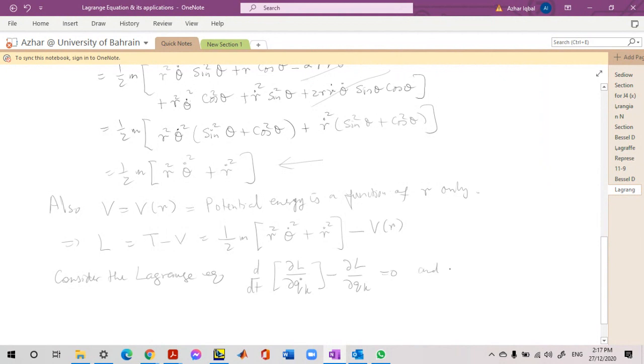And the generalized coordinates are q1 equal to r and q2 equal to theta.